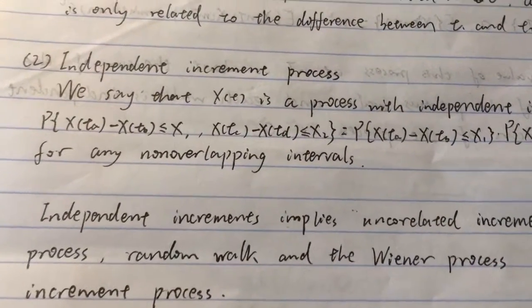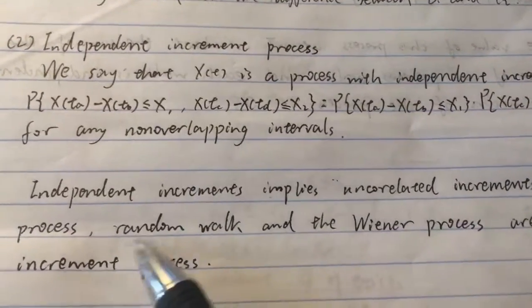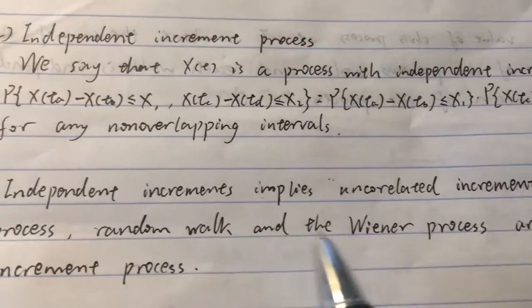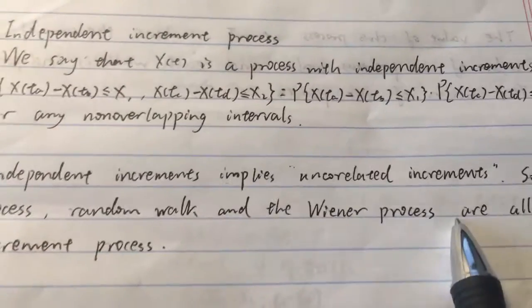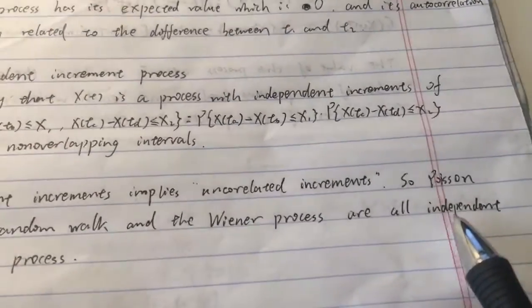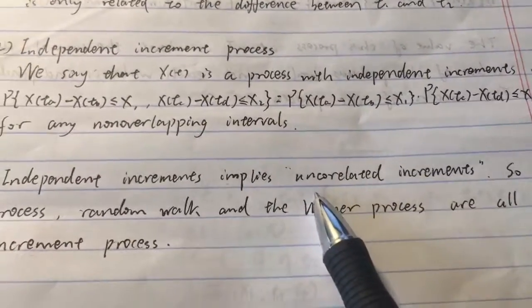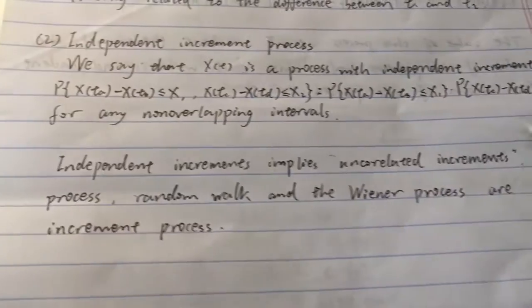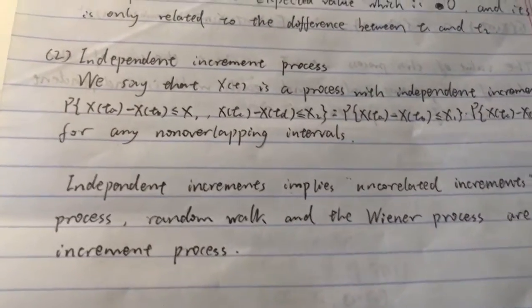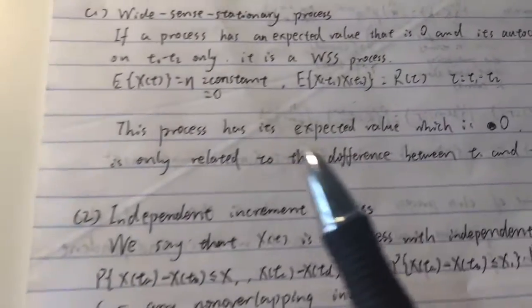Many processes have independent increments, such as the Poisson process, random walk, and the Wiener process. All of them are independent increment processes because they have uncorrelated increments.